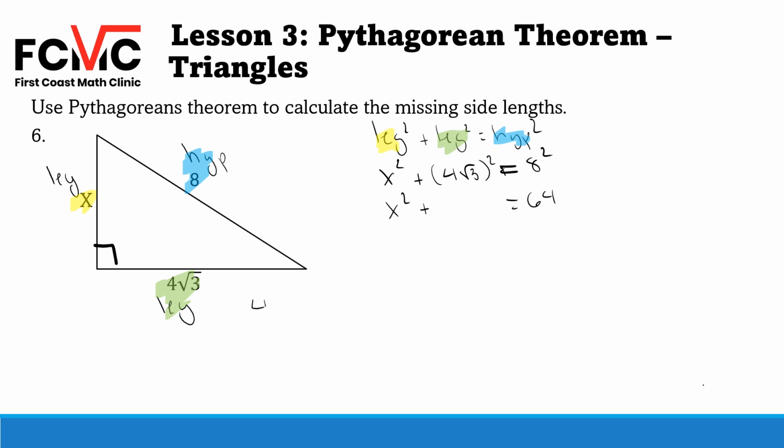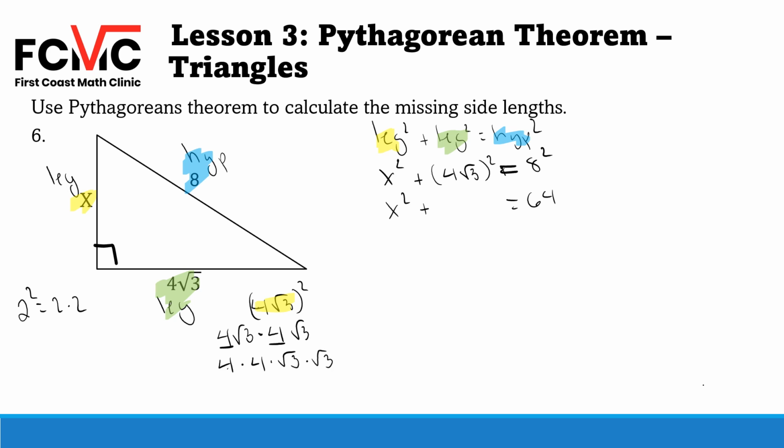So we've got 4 square root of 3 squared. The way we're going to do this is we're going to square everything in here. Let's think about what that means, right? 2 squared basically means 2 times 2. So 4 square root of 3 squared means 4 square root of 3 times 4 square root of 3. Well, let's group together what we can easily multiply. We can easily multiply 4 and 4, and what about the square root of 3 times square root of 3?